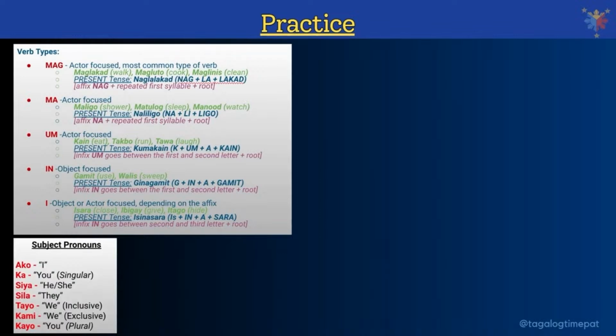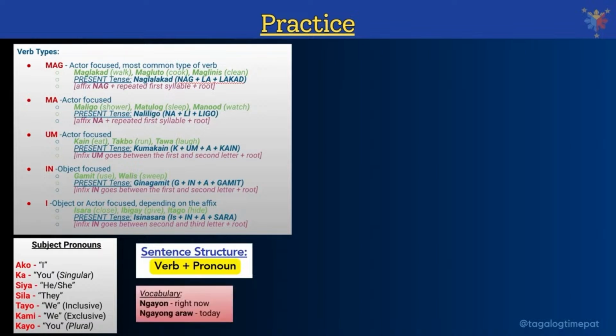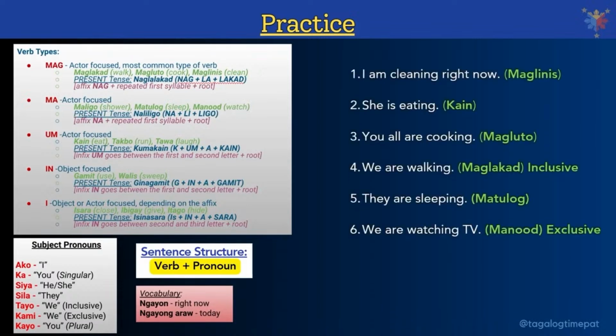Ako is I, ka is you, siya is he or she, sila is they, tayo is we, inclusive, kami is we, exclusive, kayo is you, plural. Then here is the simple sentence structure, verb plus pronoun. And here are some vocabulary terms to indicate present tense. Ngayon means right now. Ngayong araw means today. And here are some examples.